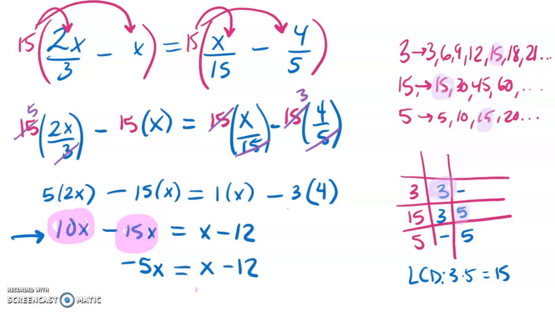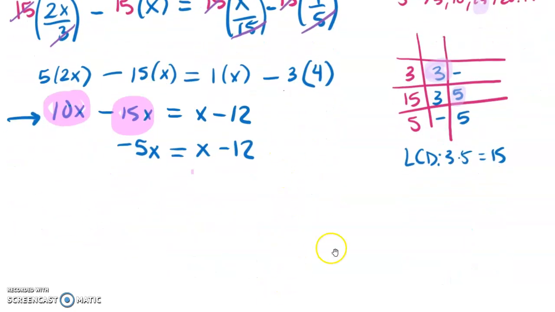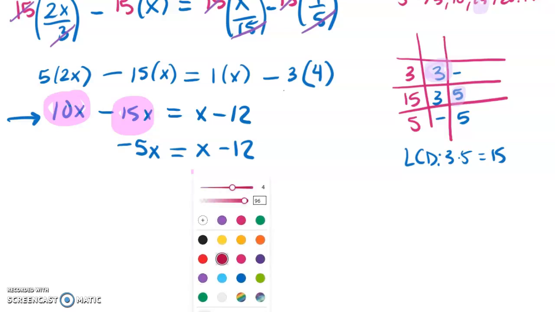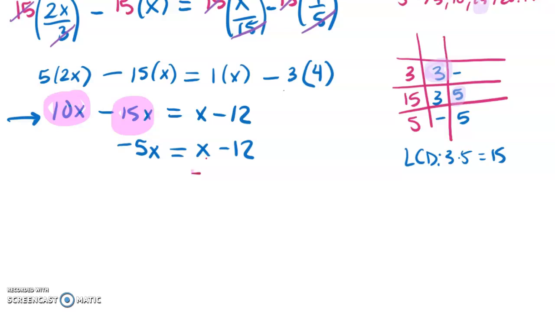Now collect all the variable terms onto one side, and all the numbers onto one side. I have an x here. I want to move it over, so I'm going to subtract x from both sides. I get negative 6x, because remember there is a 1 here. So negative 5 minus 1 is negative 6, is equal to negative 12.